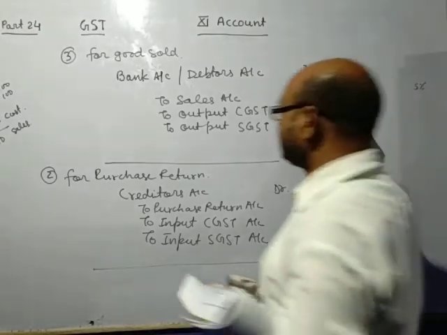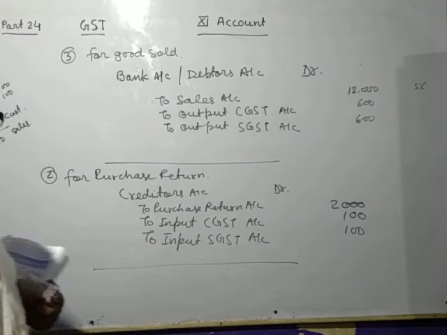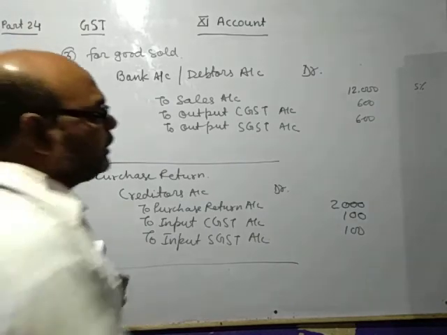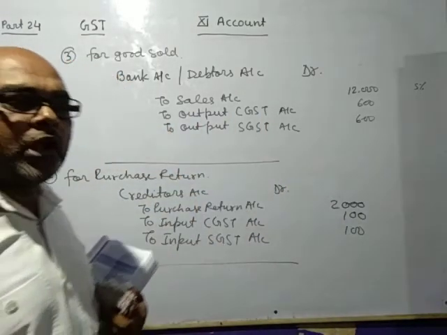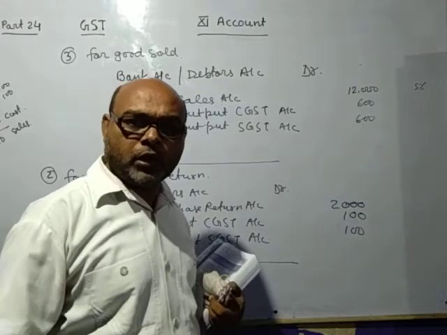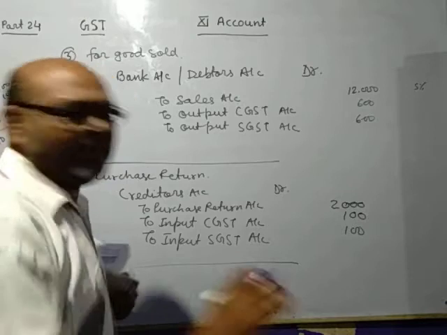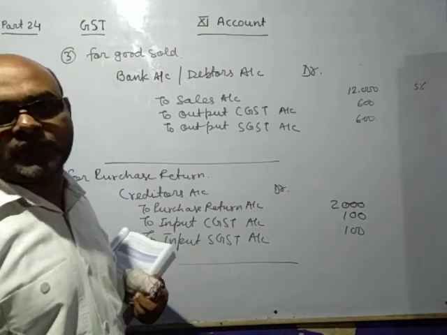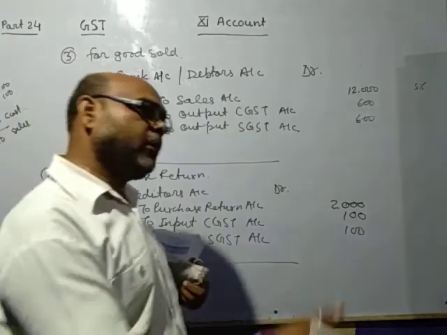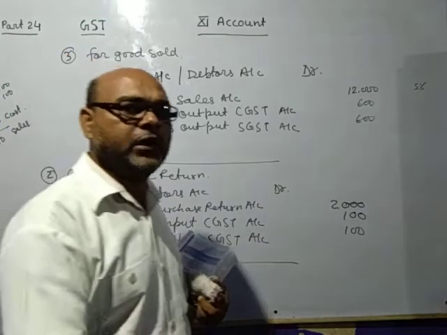Now out of 600, 400 tax you have already paid at the time of purchase. So only 200 tax now you will pay to the government. Overall you have to pay only 5%, not more than this. Some part of the tax you have paid at the time of purchase, and only the remaining tax you will pay to the government.